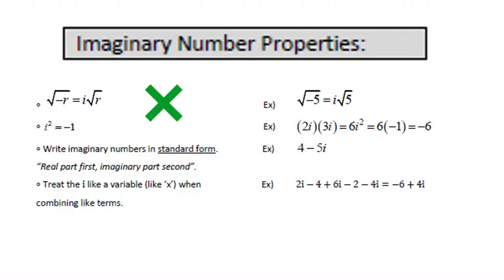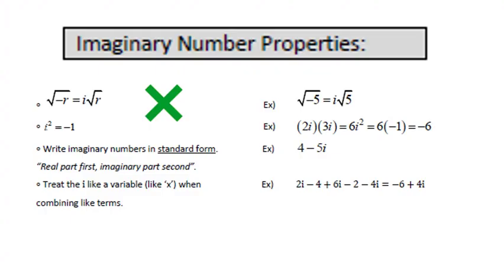Okay, we did this example. Let's do this one right here. Anytime we have a square root with a negative, either a variable or a negative number underneath the square root, you've got to get this negative out to the front.